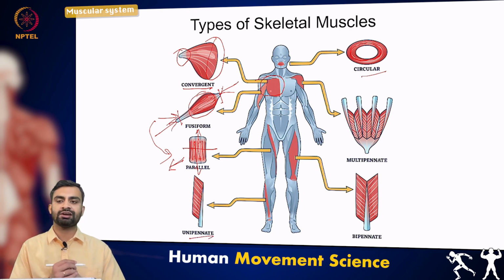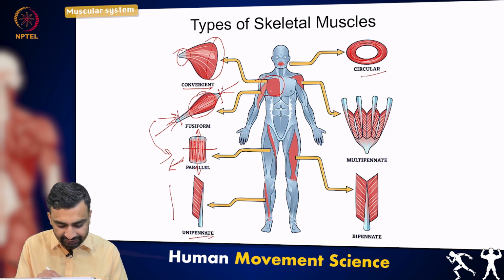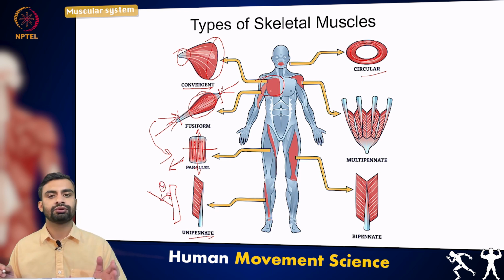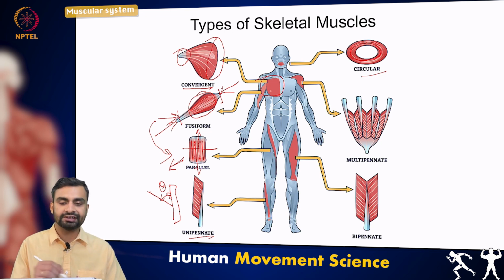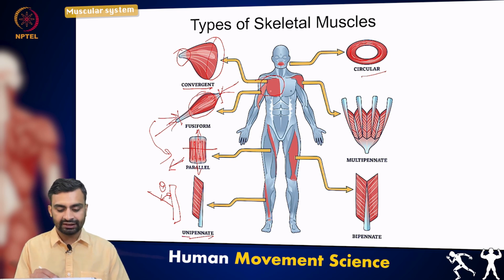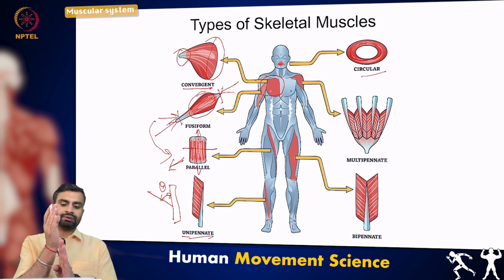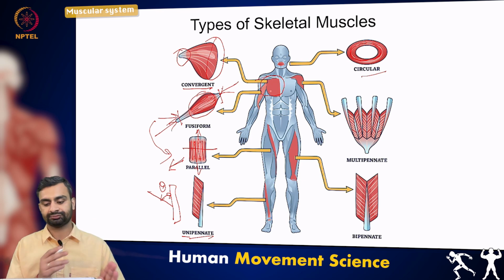These muscles have fibers arranged obliquely, at a certain angle, let's call it theta. If this is the tendon, they are inserted into the tendon on one side, like uni means one side, placed on a tendon at an angle.